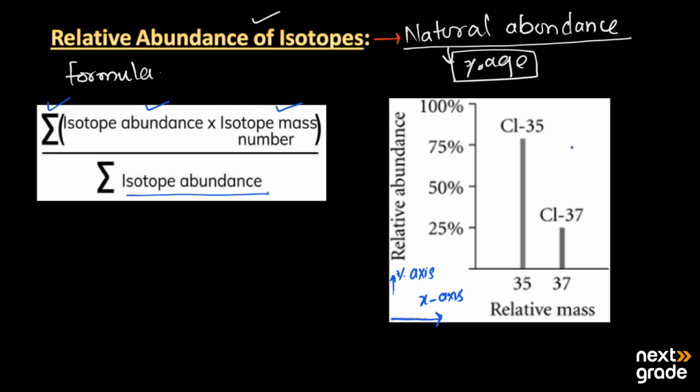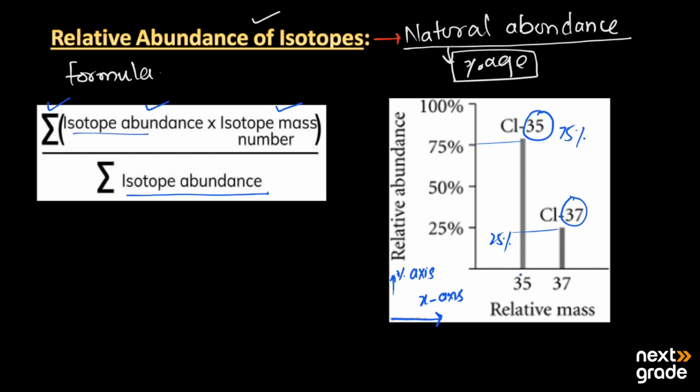Here we have the two isotopes of chlorine, chlorine 37 and chlorine 35. The relative abundance of chlorine 35 is almost 75% and of chlorine 37 is 25%. So how can we find the relative abundance? We will apply the formula.